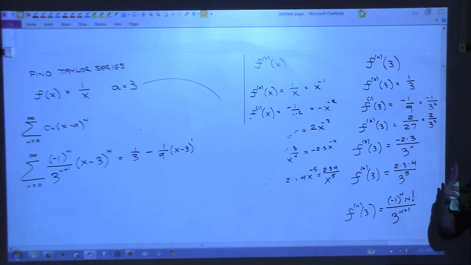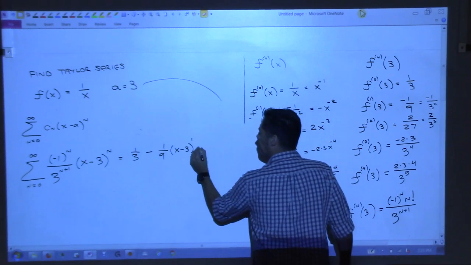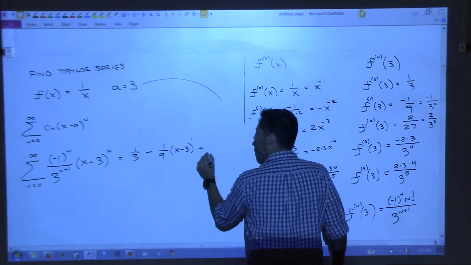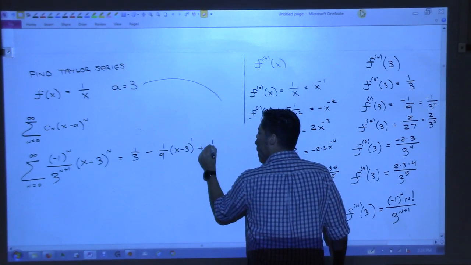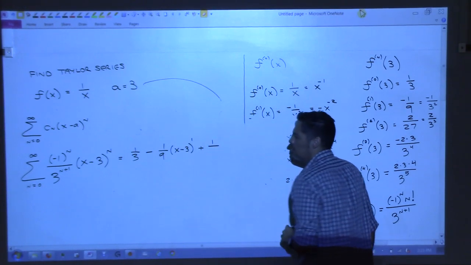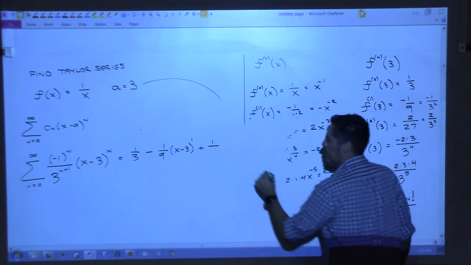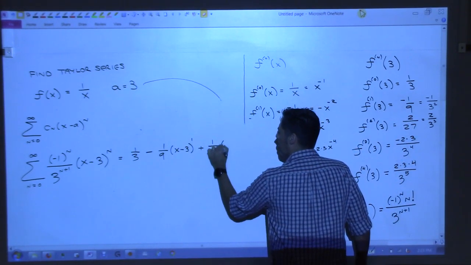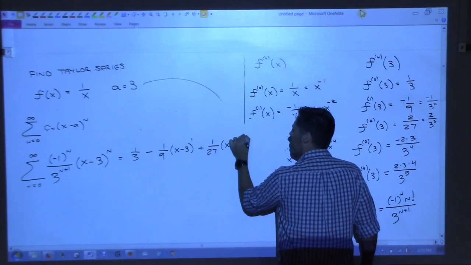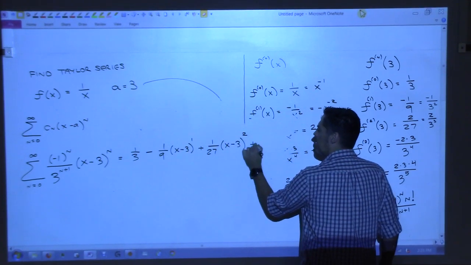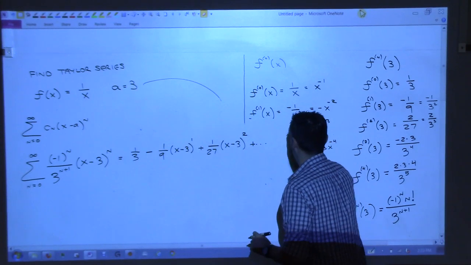Now we plug in n as 2. Positive 1 over 27 times (x − 3) squared plus dot, dot, dot. Yes? All right, good.